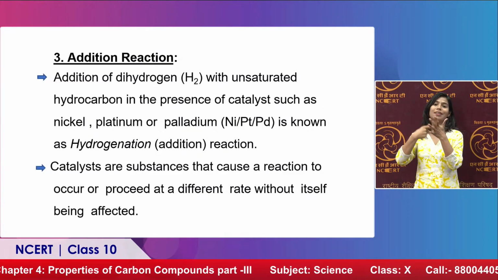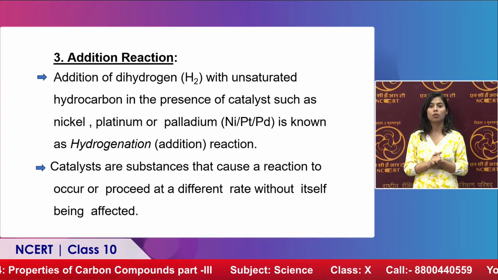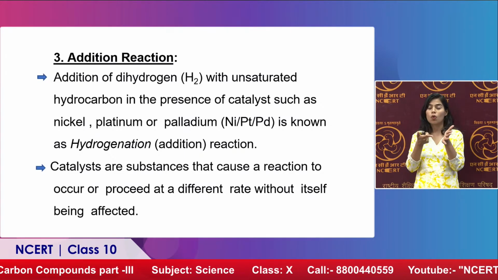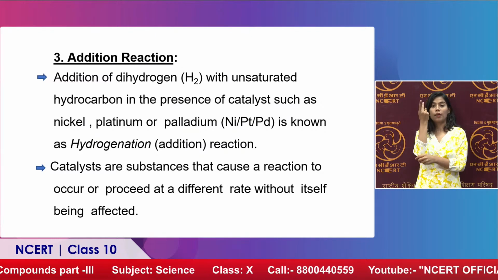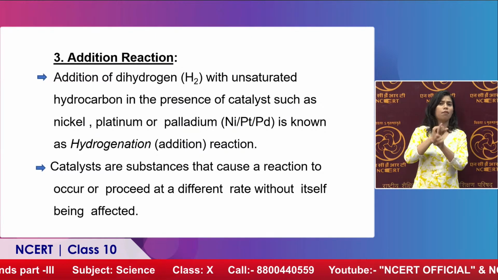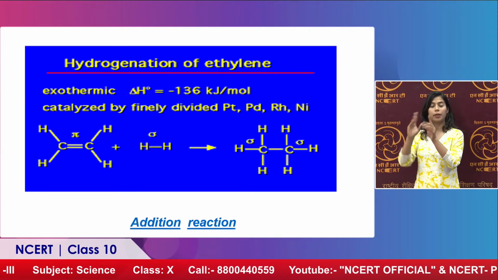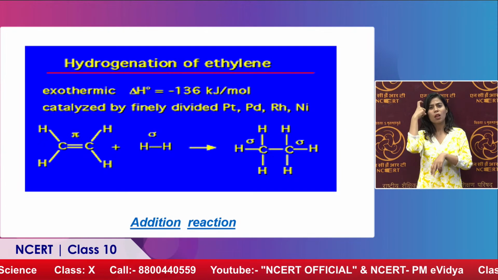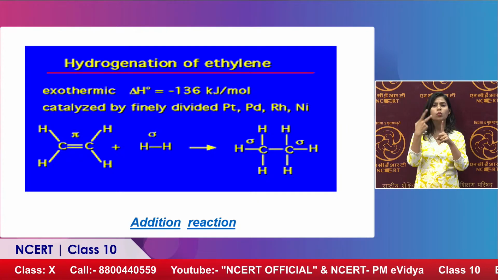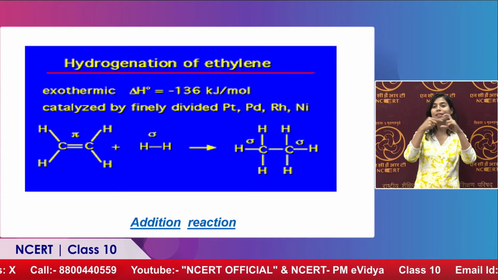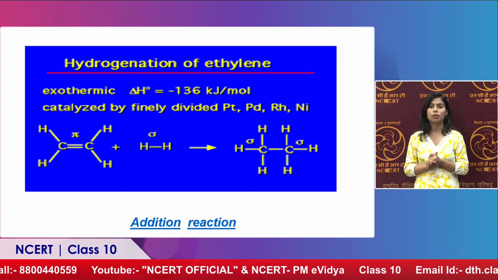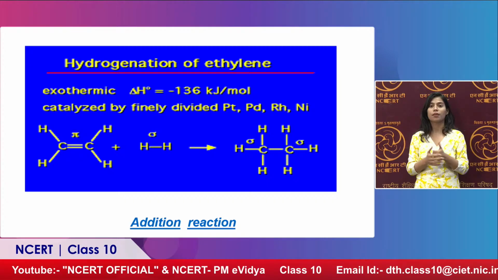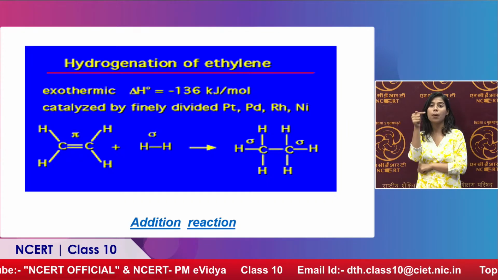Catalysts are substances that cause a reaction to occur or proceed at a different rate without themselves being affected. Now, if we look at hydrogenation of ethene, ethene means ethylene, this process is exothermic. Whenever this kind of addition reaction takes place, the enthalpy change of the reaction is minus 136 kilojoule per mole.